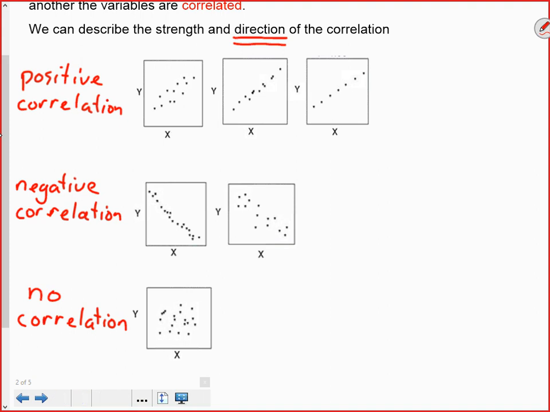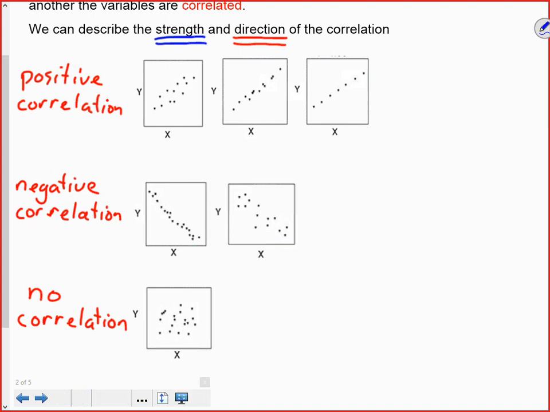Now we can also describe the strength of the correlation. We assess the strength graphically by looking at how tightly clustered together the data points are, or how close they are to a perfectly straight line.